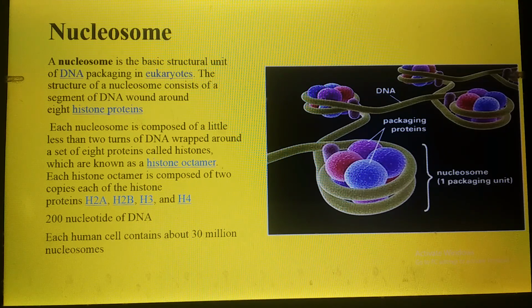These are the subunit or the basic unit of the chromosome, and I have discussed yesterday that each nucleosome consists of 8 histone proteins and 200 nucleotide bases of DNA. There are about 30 million nucleosomes in the human cell, and the nucleosome looks like an octamer of histone because it consists of octamers.